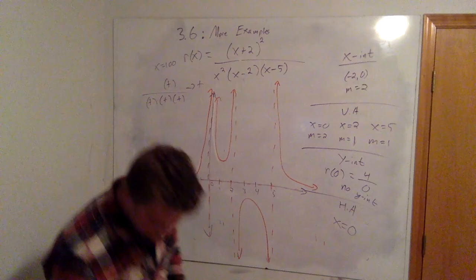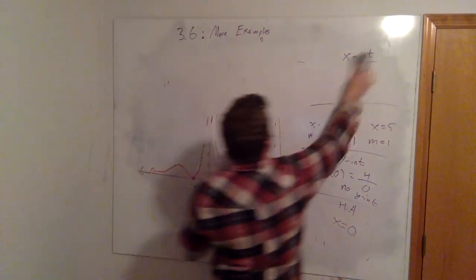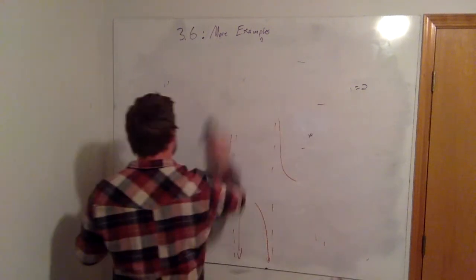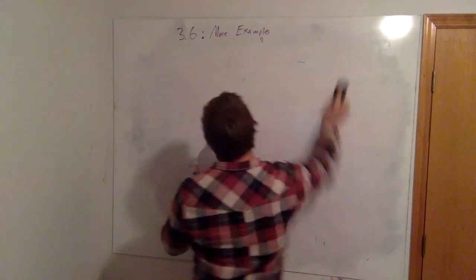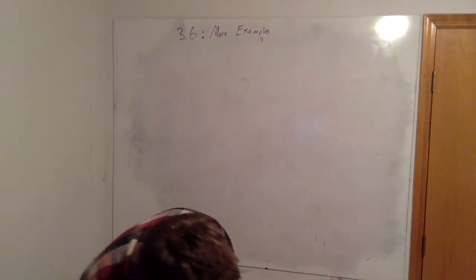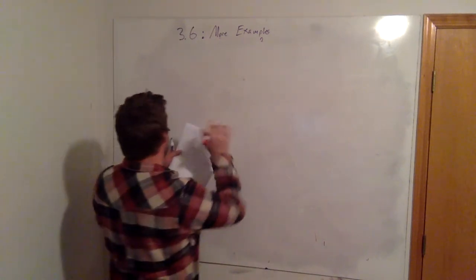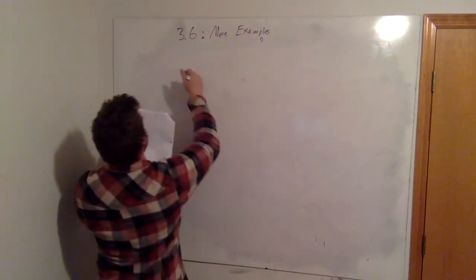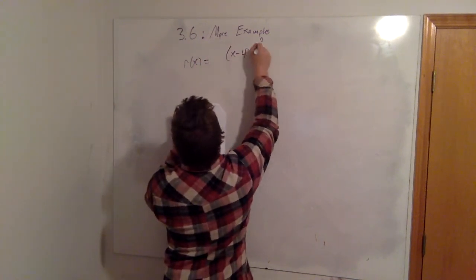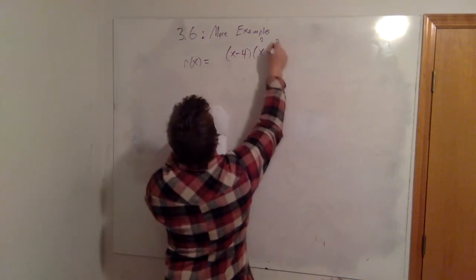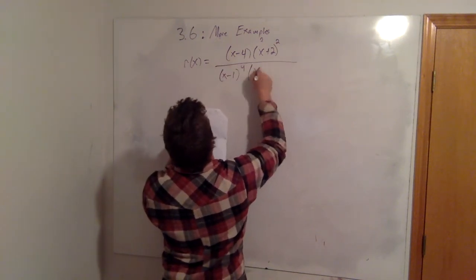Okay, let's do one more. Okay, let's say we have that r of x is equal to, how about it's x minus 4 times x plus 2 squared all over, how about an x minus 1 to the 4th times an x plus 4.